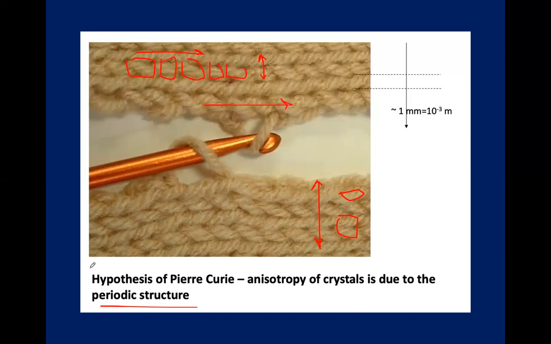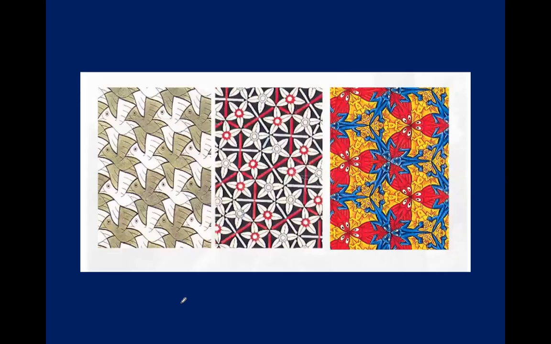Okay, so this is what Pierre Curie was trying to emphasize there, the anisotropy of crystals due to the variation of the periodic structure. So those are two important factors. And another example, the repeating units you can see here.